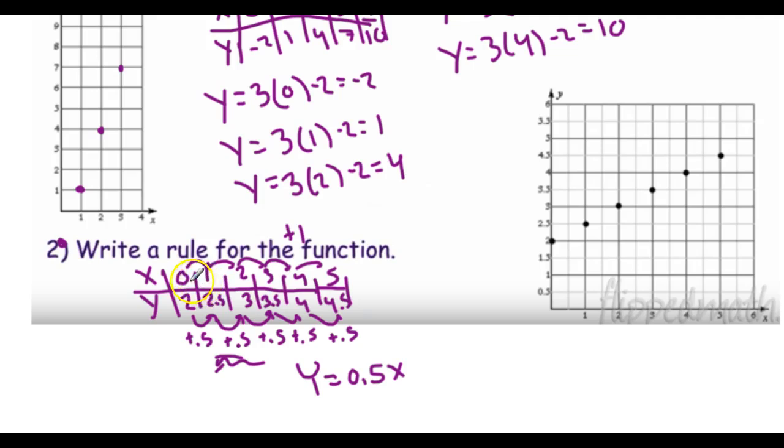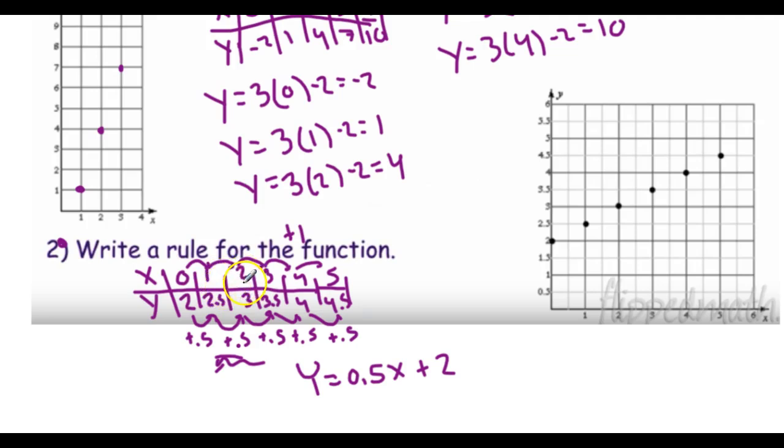Let's see if this works. 0 times 0.5 is just 0, and then I need to add 2 to get to the 2. So plus 2. Does it work for the other numbers? Plug in 1: 1 times 0.5 is 0.5, plus 2 is 2.5.